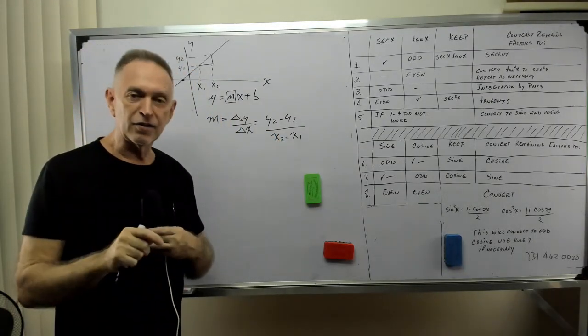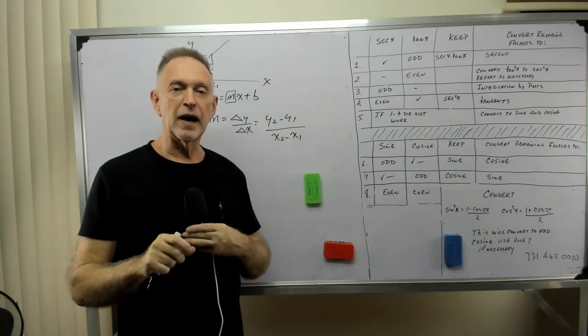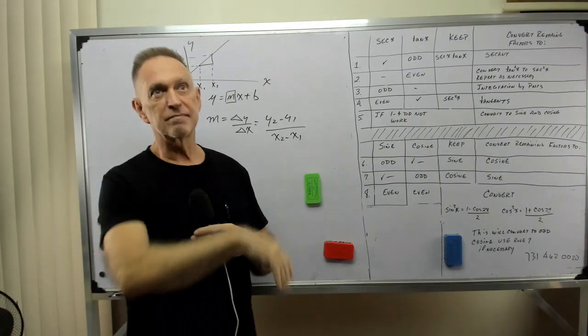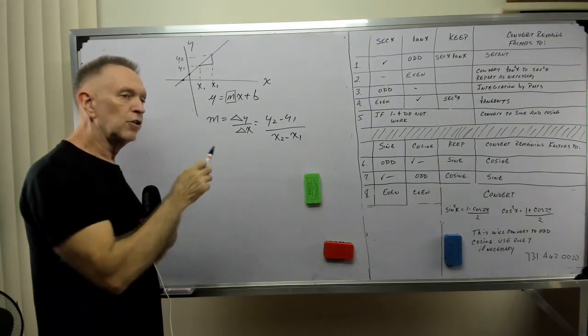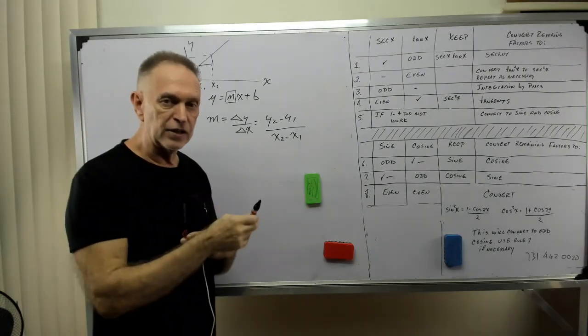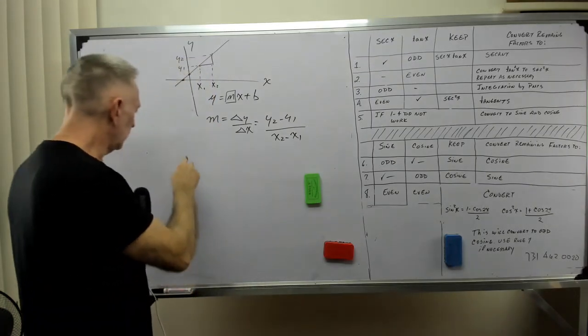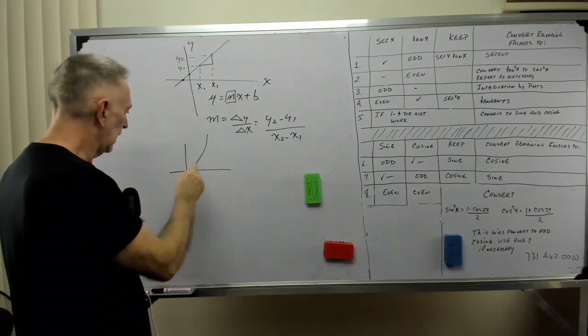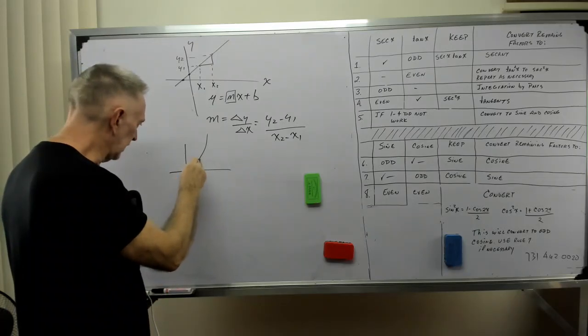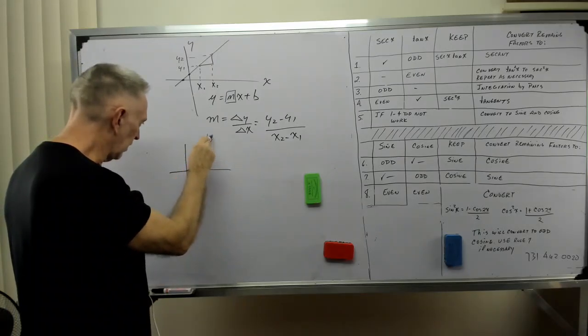Now in calculus, we talk about a derivative. Back in the late 1600s, they were trying to figure out how you determine a tangent point on a curve. So let's say I have some curve, it looks like that. How do I establish a tangent point on that curve?